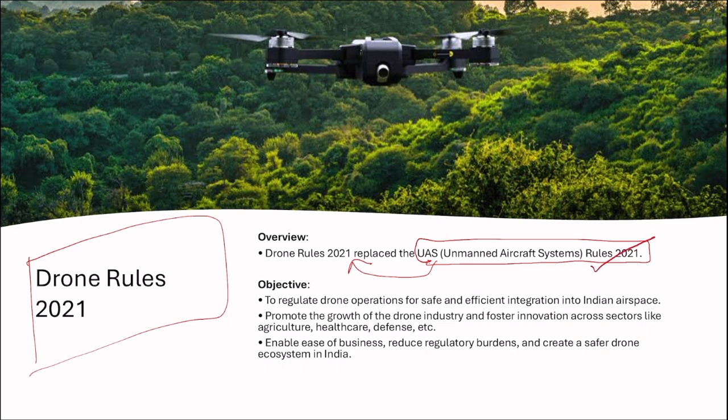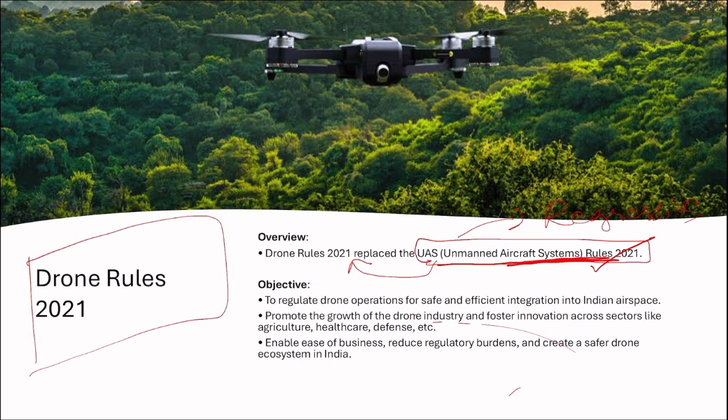So first this one was released because we have so many applications. Regulation for drones is necessary right now. But why the Unmanned Aircraft System Rules failed is that it was very regressive. It had so many rules.